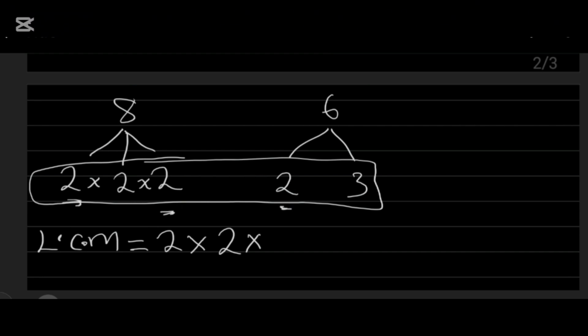I told you that whenever we have common numbers on both sides, we take only one. So for these two numbers, we are going to take only 2. Then we multiply by 3, and that is our LCM. So we simplify: 2 times 2 is 4, 4 times 2 is 8, and then 8 times 3 is 24, and 24 is our LCM.